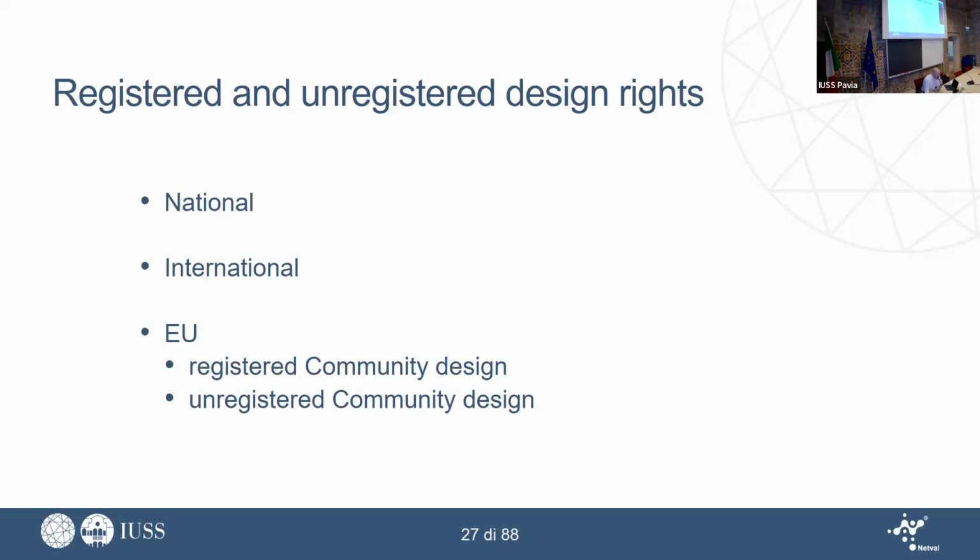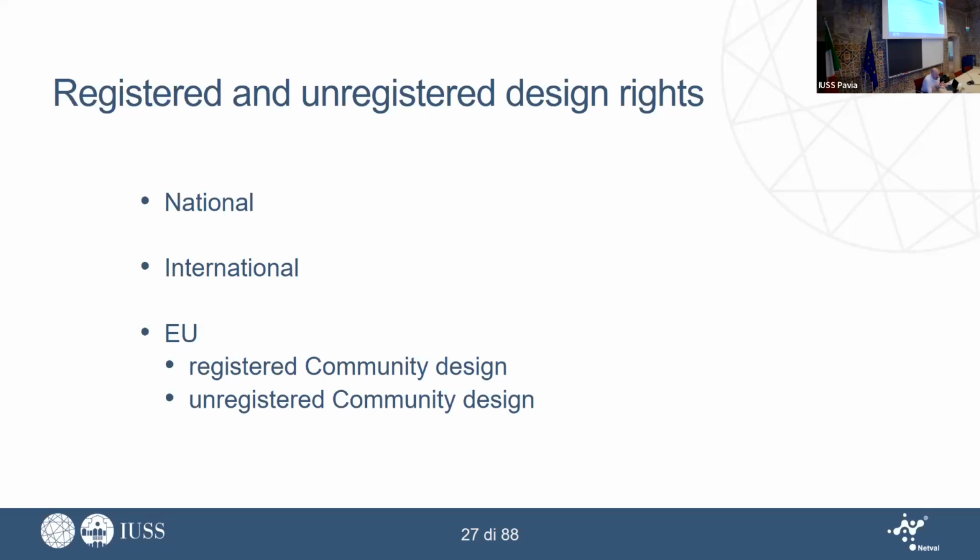But the protection in the whole Europe is possible also without registration. This takes the form of the unregistered community design and can be useful for products that have a short lifespan, for example.